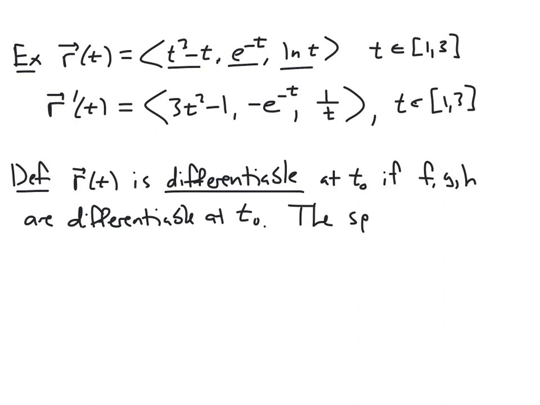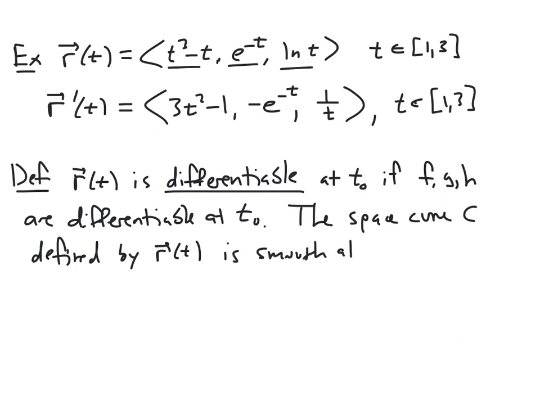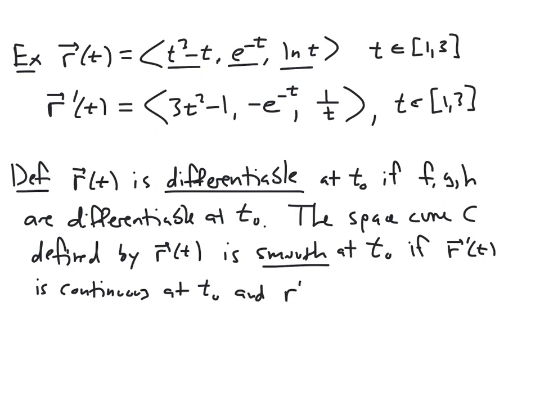So we're going to say, in addition to this, that the space curve C that's defined by this vector function r is smooth at t naught, so at this particular point, if the derivative vector r prime of t, so the function has to be differentiable there, is continuous at that point, and r prime of t naught is not equal to 0. Okay.